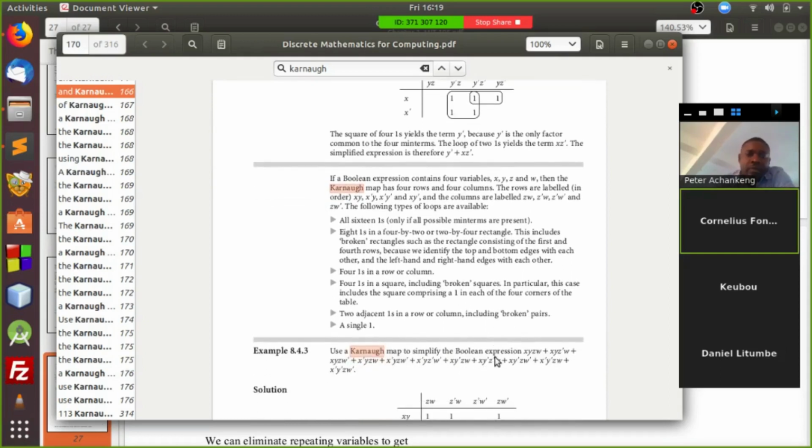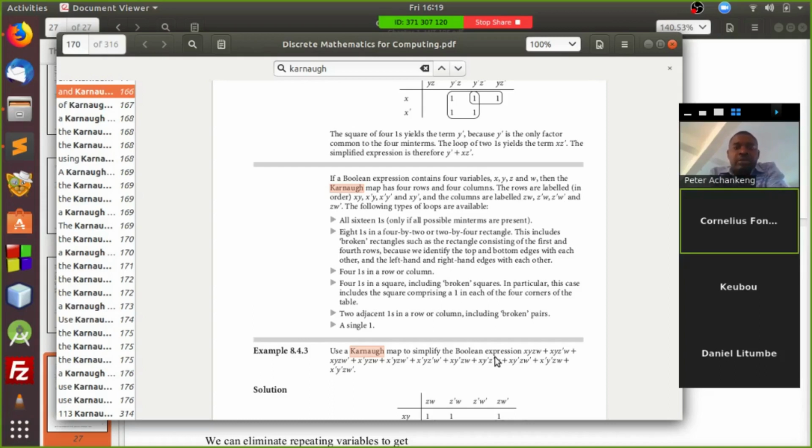All right, so if you look at it there, we have the rules of this game indicated clearly. If you have 4 variables, then you have up to 16 ones.